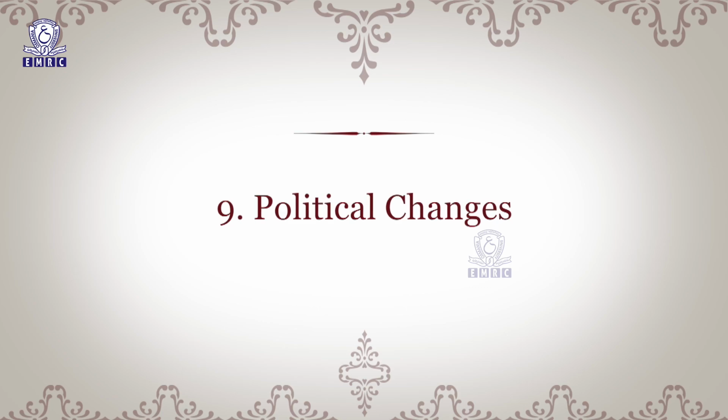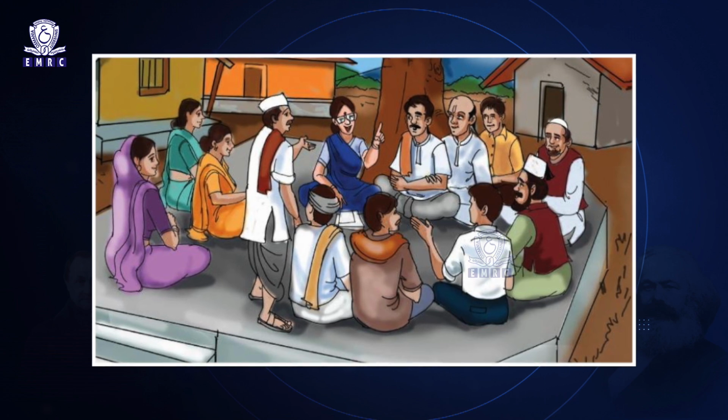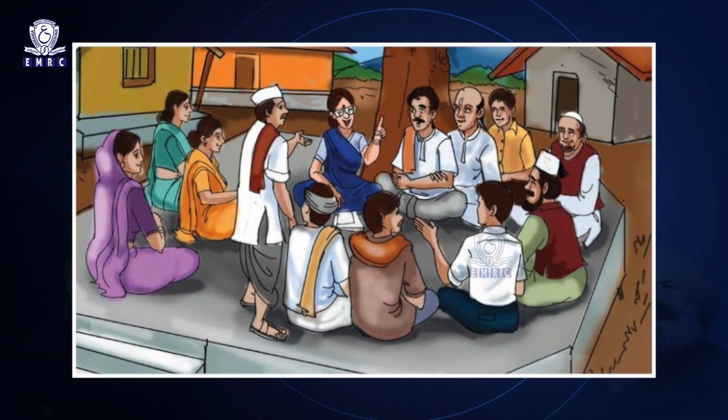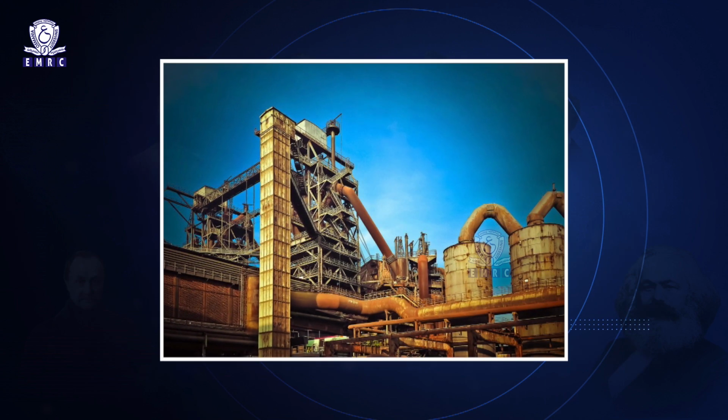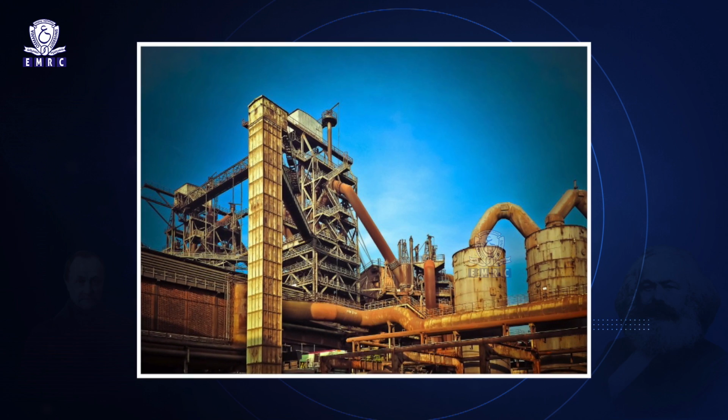Political changes. In the traditional Indian society, caste panchayats or village panchayats used to resolve all the disputes which arose among the people. Industrialization has led to changes in the political system through democratization. Democracy is accompanied by franchise to the public and the rise of the welfare state.